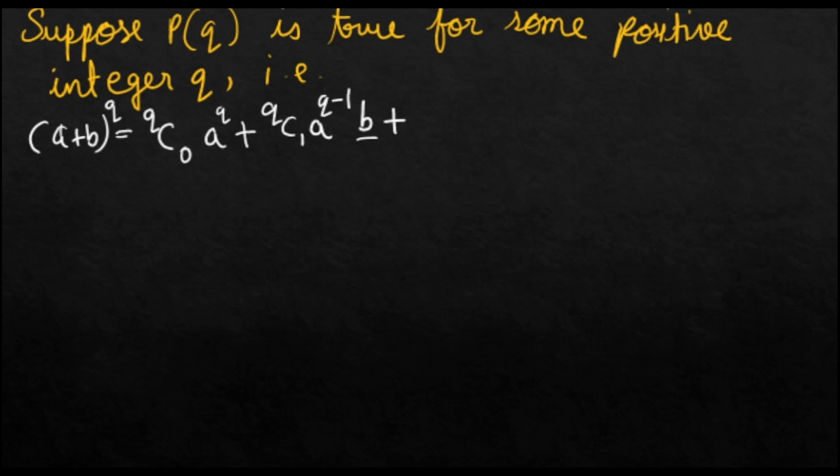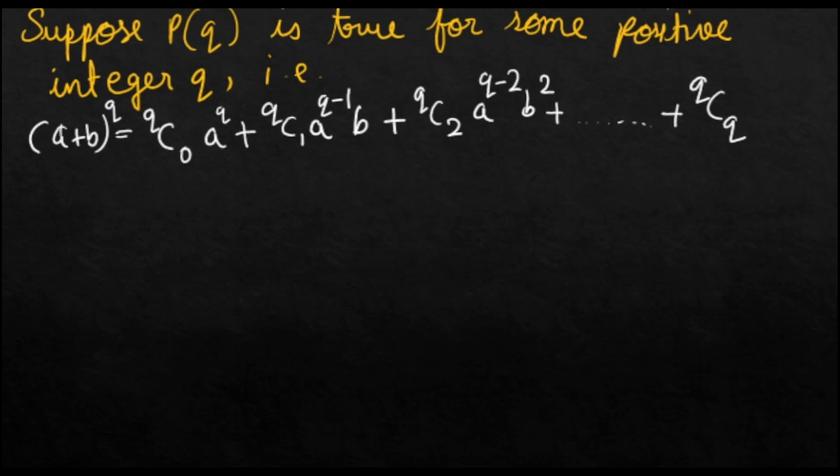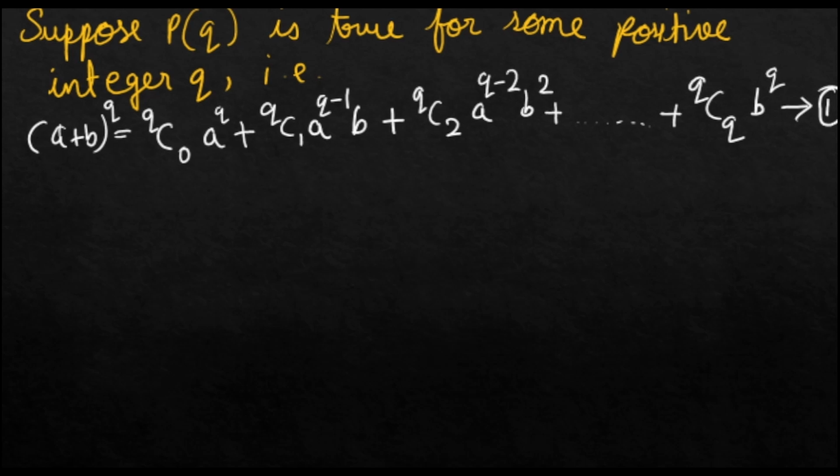See, B appears as it starts increasing from this point. qC2 a to the q minus 2 b square plus, and this way it will go on till the last term, and the last term was qCq and b to the q. This is our first statement.